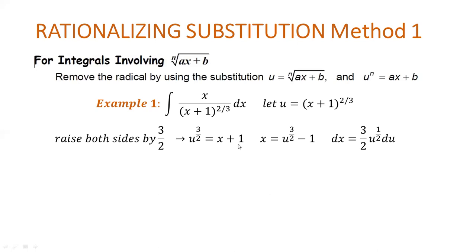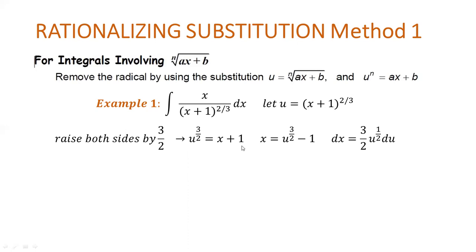So notice, class, that to make things even simpler, you just did not multiply by 3 to make the exponent 2/3 a whole number, but you multiplied by the reciprocal, or the inverse rather, of 2/3, which is 3 halves, to make it even 1, because it makes things easier for us to handle.